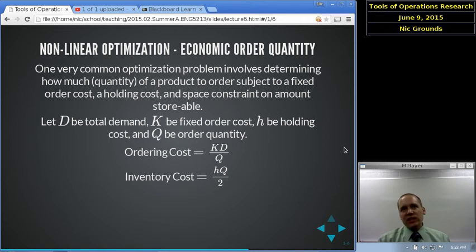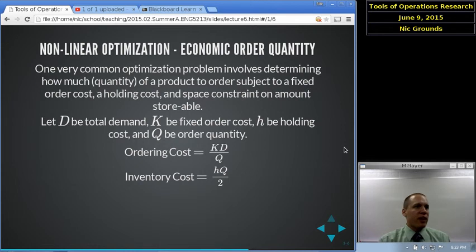So the question is, on average, how many items do I have in stock? If we assume that we sell things at a linear rate, then we will order things when we run out and get Q more, and then go some amount of time, sell all those, order Q more, and so forth. If that rate is linear, then on average we have Q over 2 items in our store, right?